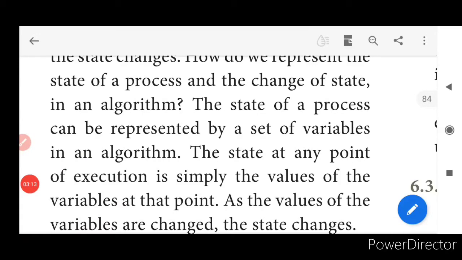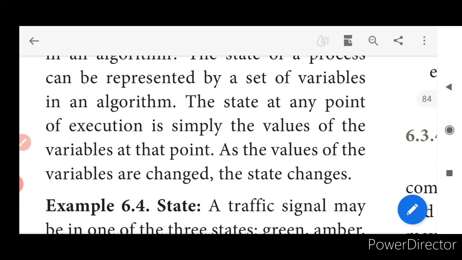So how do we represent the changes in an algorithm? It changes the state of how the variables are getting changed, how the values are getting changed. As the values of the variables change, the state also changes.